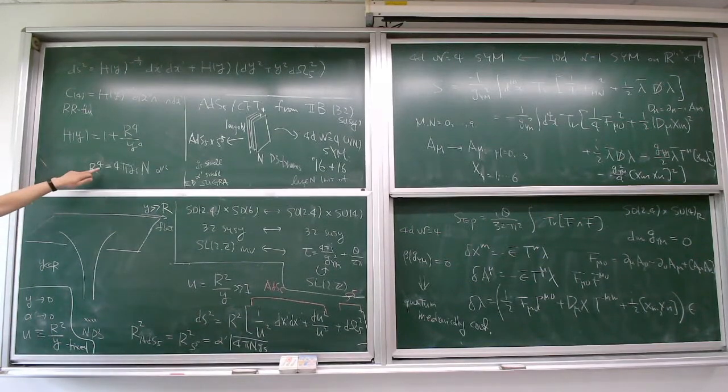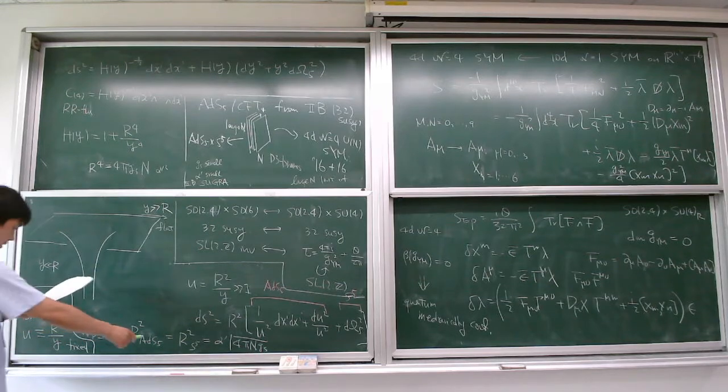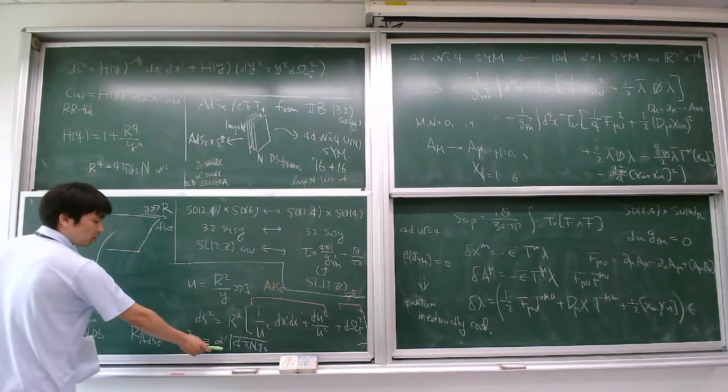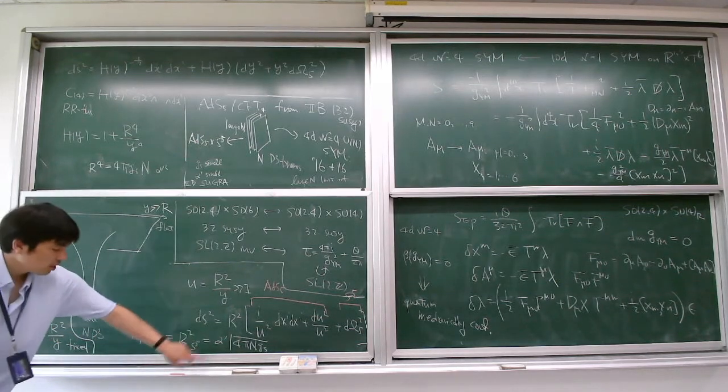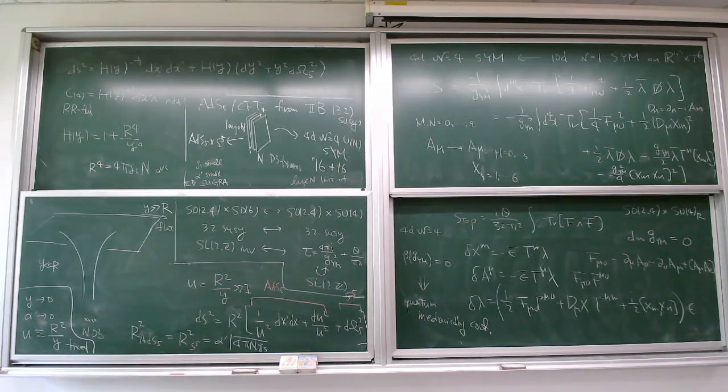In other words, it takes a nice limit so that alpha prime also goes to 0, but the ratio between R squared and y is kept fixed. So this is called the double scaling limit. Y goes to 0, alpha prime goes to 0, but the ratio is kept fixed.